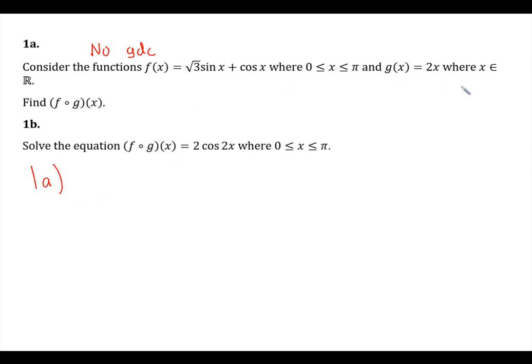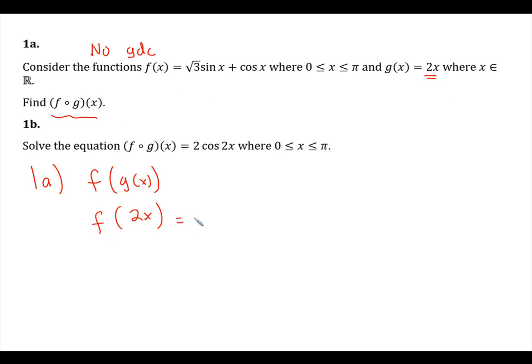So 1a, we're given all this information, and they tell us to find f composed g of x. So we're trying to find f of g of x. Now we're given that g of x is equal to 2x. So basically we're just going to take 2x and plug it into the f function wherever there's an x.